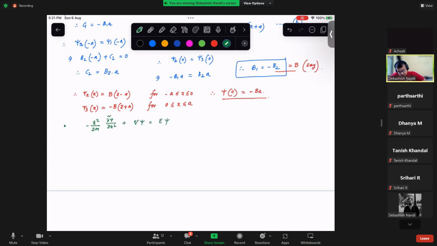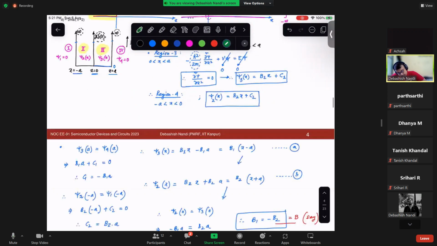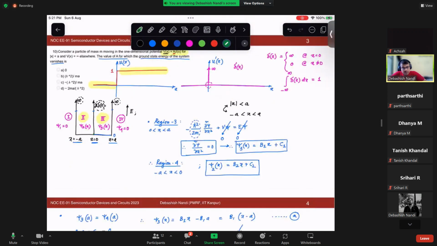Okay, so you see that around x equal to 0 there is a discontinuity. There is a delta function, so we can use this property of delta function.